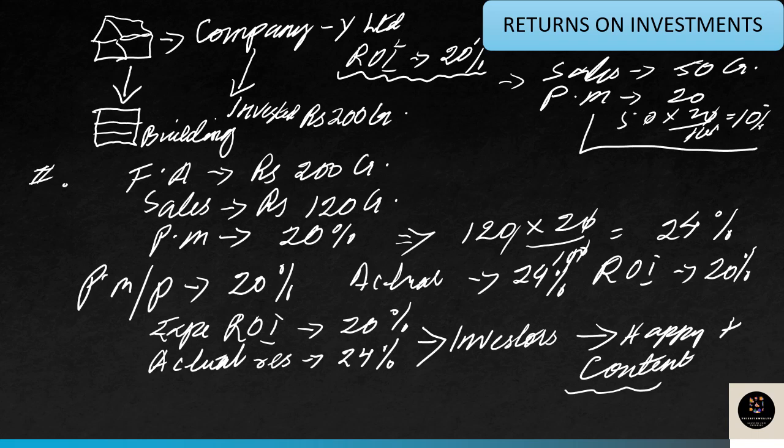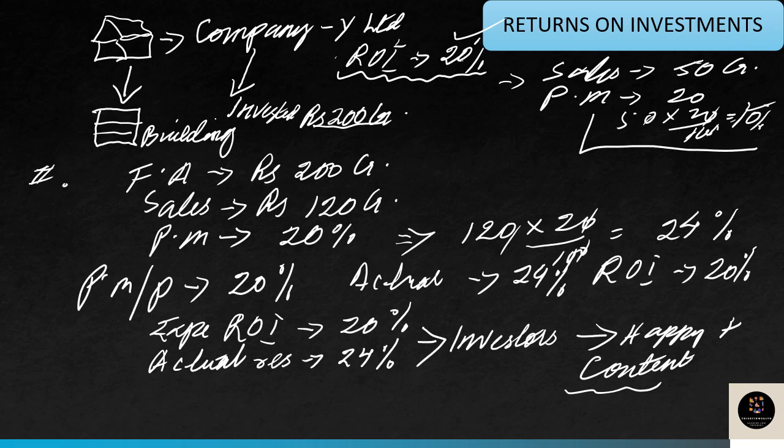Here the company Y Limited invested in the fixed assets, big project, huge project, rupees 200 crore, and expected return on investment is 20%, sales 50 crore, and profit margin 20%. So here we got only 10%, expected return is 20%. So this actual result is profitability of the business is 10% only.